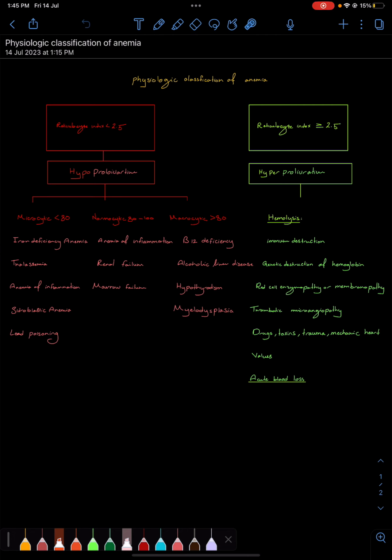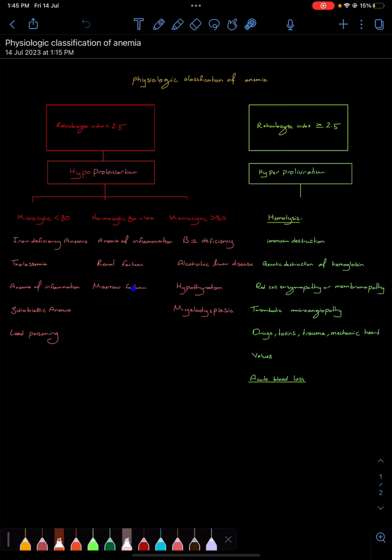Normocytic, from 80 to 100: anemia of inflammation, renal failure, and marrow failure. So in anemia of inflammation the size is normal, in renal failure the size is normal, and in marrow failure the size is normal.